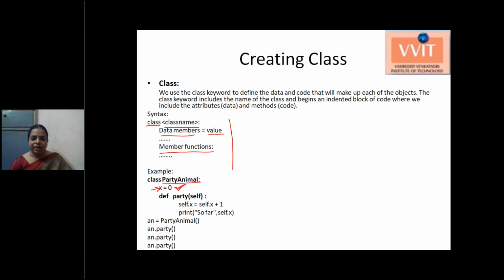Next we have a method, party method. For each and every method, each and every member function in the class, we have one default parameter, self, which points to the current instance, or the current object of the class.